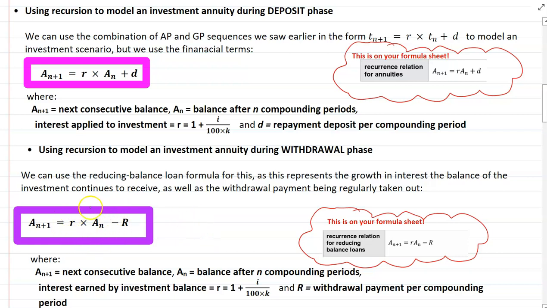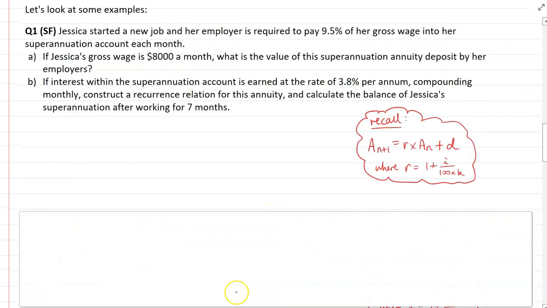The investment is still earning interest on the current balance, so we still apply our R interest amount, so the 1 plus interest rate over 100 by K. However, instead of adding to the balance, in the withdrawal phase, we are minusing regular payments. So these two formulas are what we will use when we're considering our deposit phase and withdrawal phase of the investment annuity. All right, let's look at some examples to put this into practice.